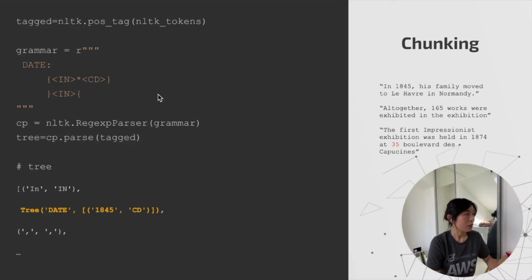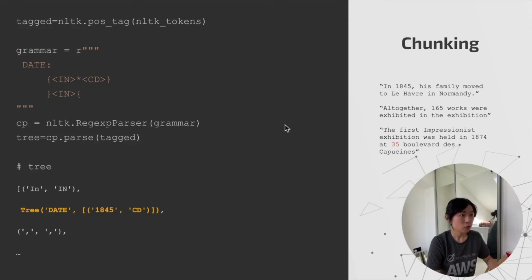And that's why we can define a grammar. This grammar essentially means I want to find a combination which starts with a preposition followed by cardinal digits, and then I exclude the preposition, so I only get the cardinal digits left, which is the year we are looking for.